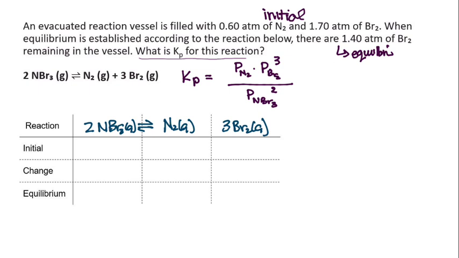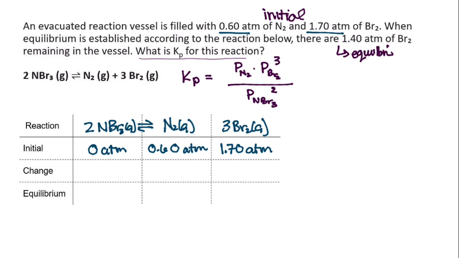The problem says I had 0.6 atmospheres of N2 and 1.7 atmospheres of Br2, so I'll put those in. The problem doesn't say anything about how much NBr3 I have at the beginning, but because the reaction vessel is evacuated, I can infer I have 0 atmospheres.